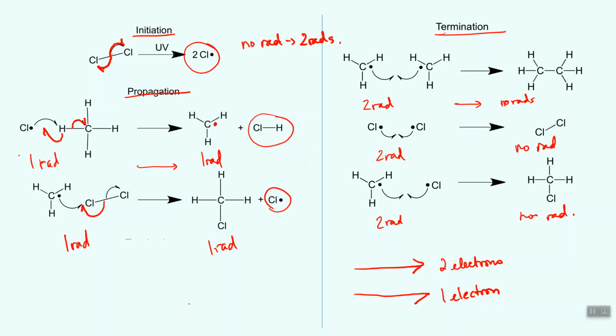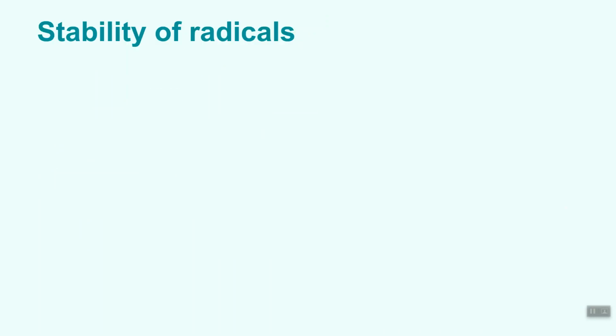Now, there are two reactions that you need to know for this course. Well, I should first mention the stability of radicals. Similar to carbocations, tertiary radicals are more stable than secondary, which are more stable than primary, which are more stable than the methyl radical.